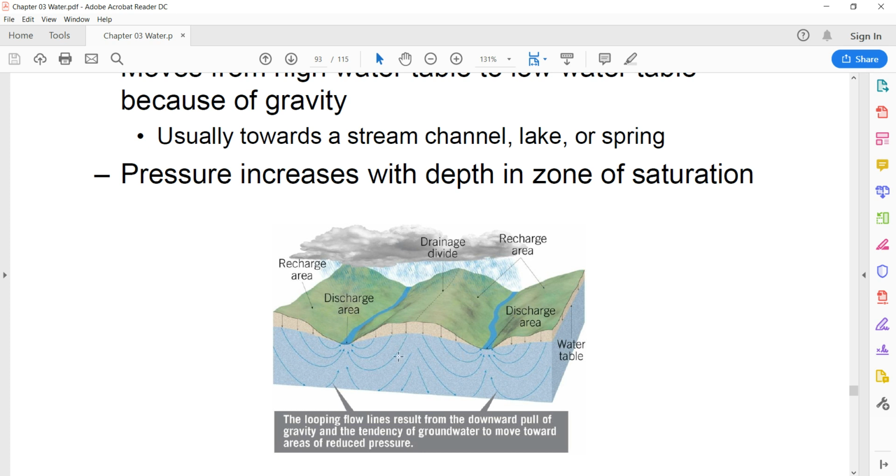So here there are two forces acting. If you look at this schematic, one force is the force of gravity, which is trying to pull the water molecules vertically downwards, and then there is another force of nature which is trying to move the water from higher ground to lower ground. So that is how this water path or trajectory turns like a loop around here until it meets with the surface water stream.